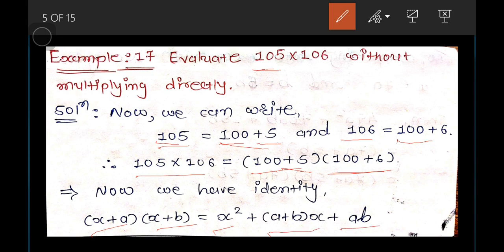So now you can see that this expression and that expression are the same. So we can select x as 100, a as 5 and b as 6, and we put these values in this expression.